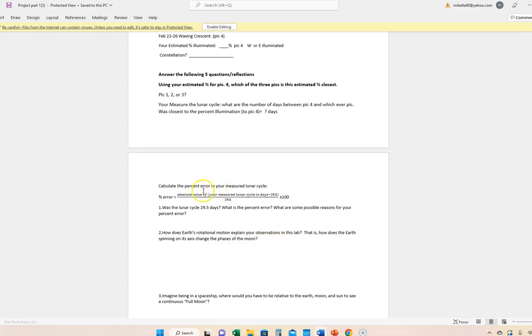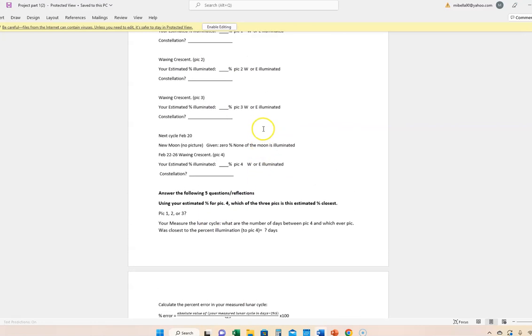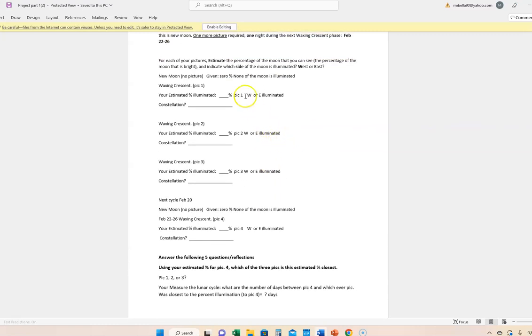Anyhow, the basic idea here is you're going to use two pictures. Pictures 1 through 3 are basically 3 different pictures, just a day or 2 apart, of the waxing crescent moon.